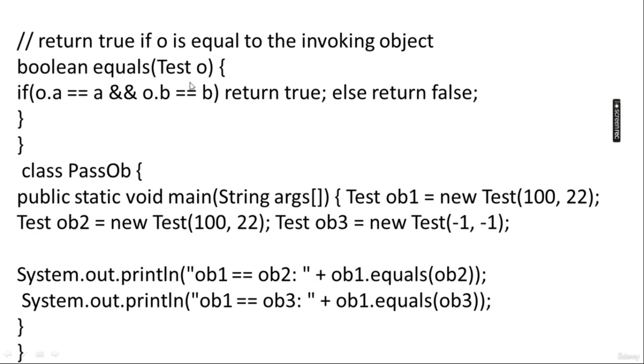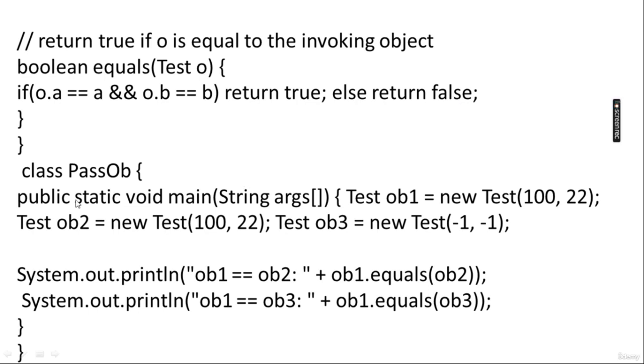So now I need to write a method: if the object that is calling this method and the object that I am passing to this method are the same, then I want to return the value true. If o.a is equal to a and o.b is equal to b, I will return true, else I will return false.